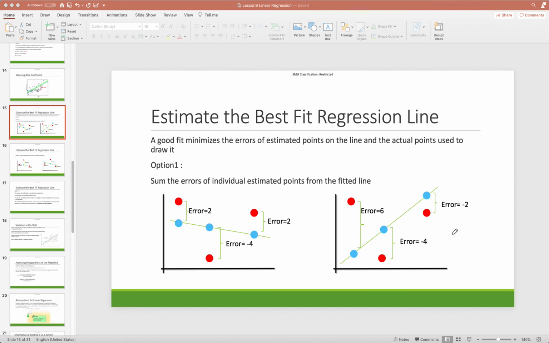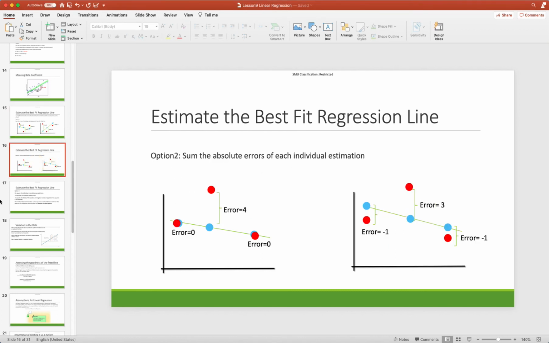Let's look at some other options. In the other option, I'm going to get rid of the signs and see what happens. So we sum the absolute errors. In these two examples, I just take the absolute error. So even if it is -1, I'm just going to assume it's 1. I'm going to take the mod of these.